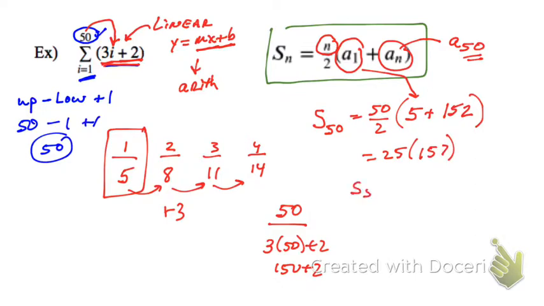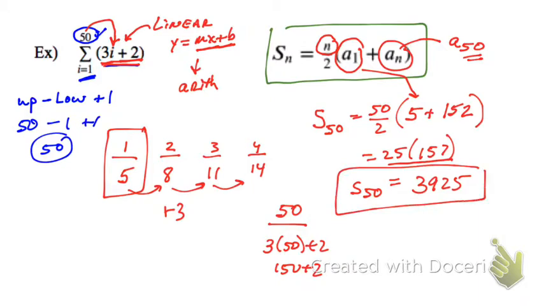And we find out when we add up these 50 numbers, it's simply 25 times 157. Let me grab a calculator. 3,925. Thought I already had that one done, and I didn't.